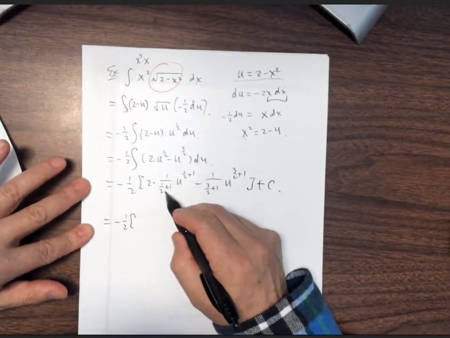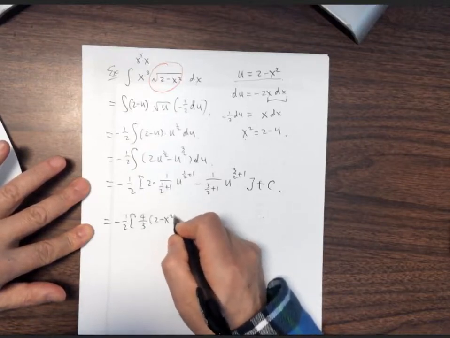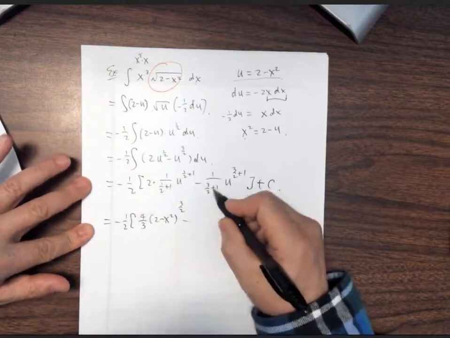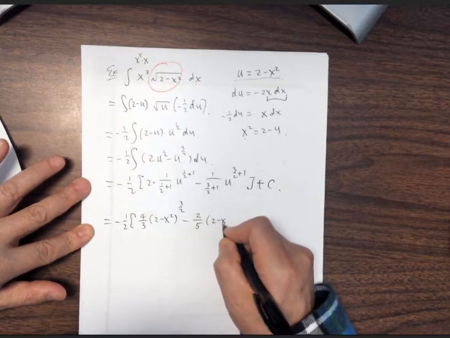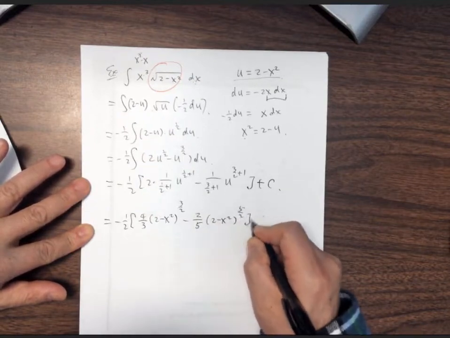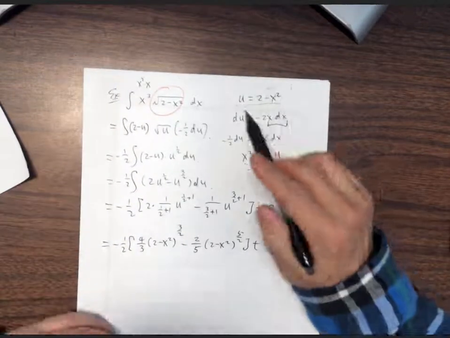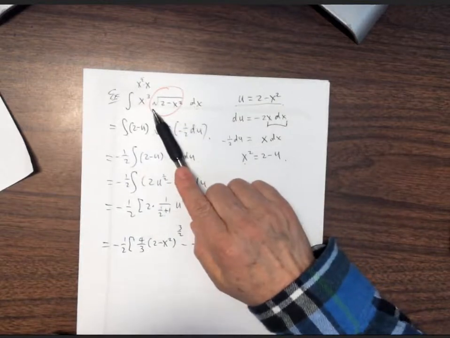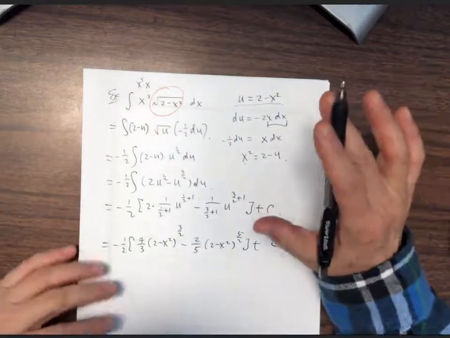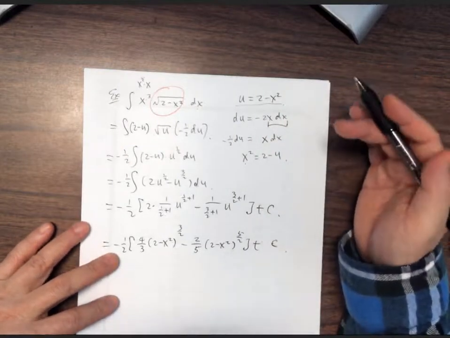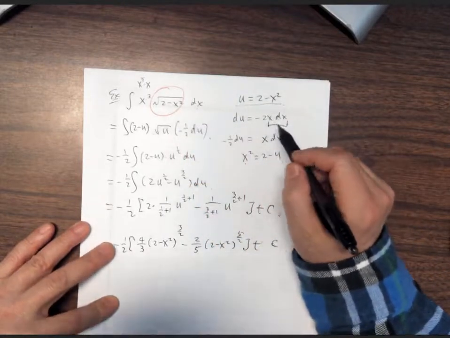This is 3 over 2, so 2 over 3, so it's 4 over 3, 2 minus x squared to the 3 over 2. And this 5 over 2 becomes 2 over 5, 2 minus x squared to the 5 over 2. Just algebra simplification. Okay, so this is an exception. The usual supporting factor check showed the natural substitution should not work out.